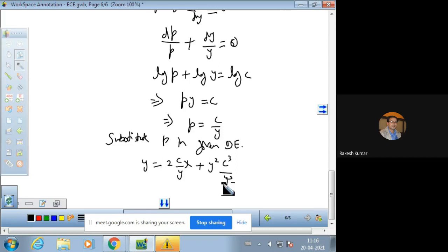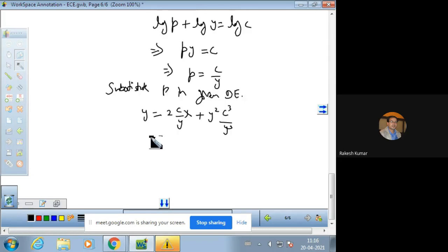So ultimately you will have the solution: y square is equal to 2cx plus c cube. So this is your required solution of the given differential equation.